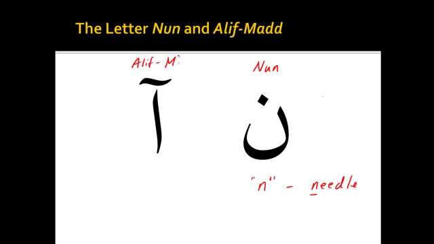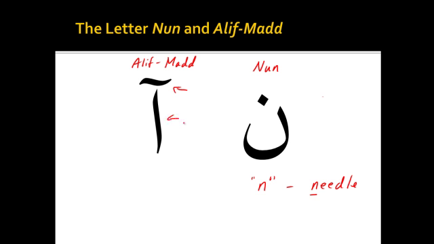and I told you before that we were not going to have any more Hamzas. However, that was not completely true because the Alif-Madd contains a Hamza. So what is this little squiggly line here on top of the Alif?